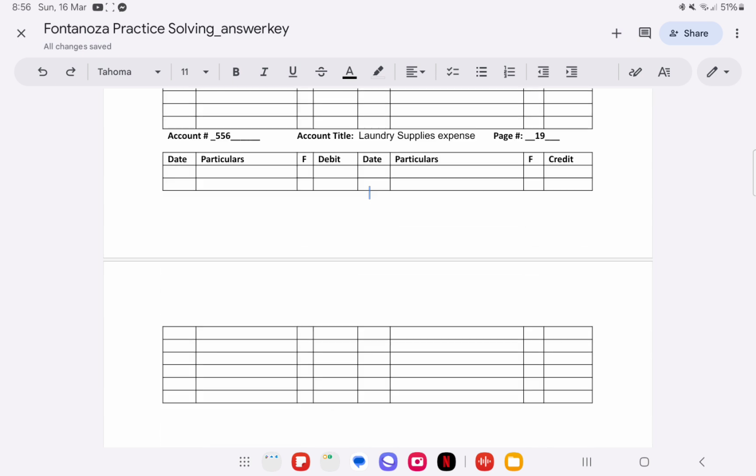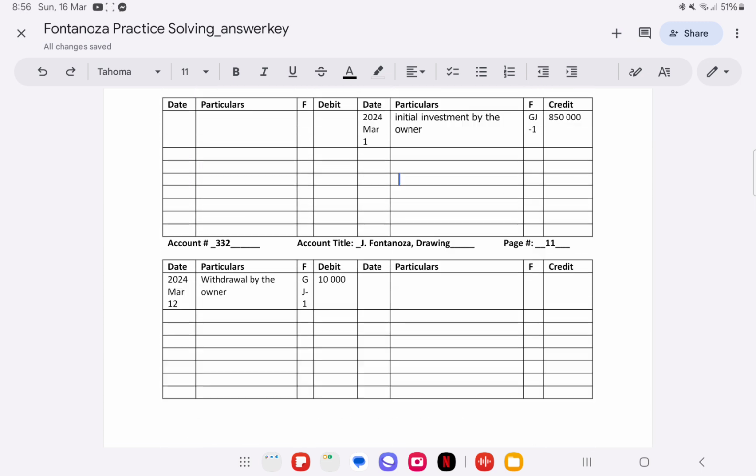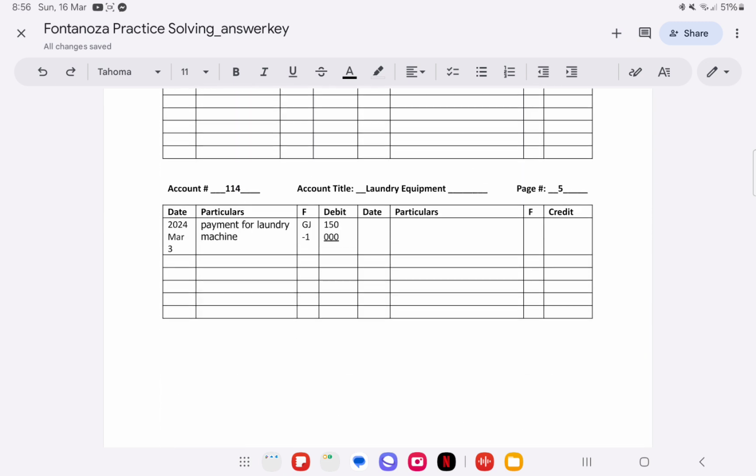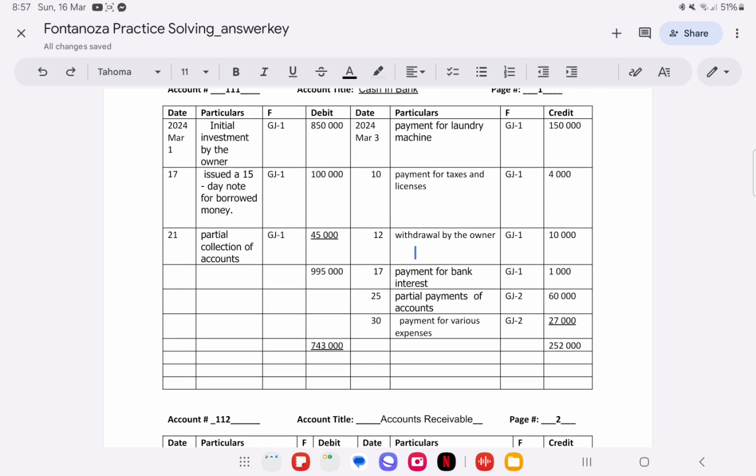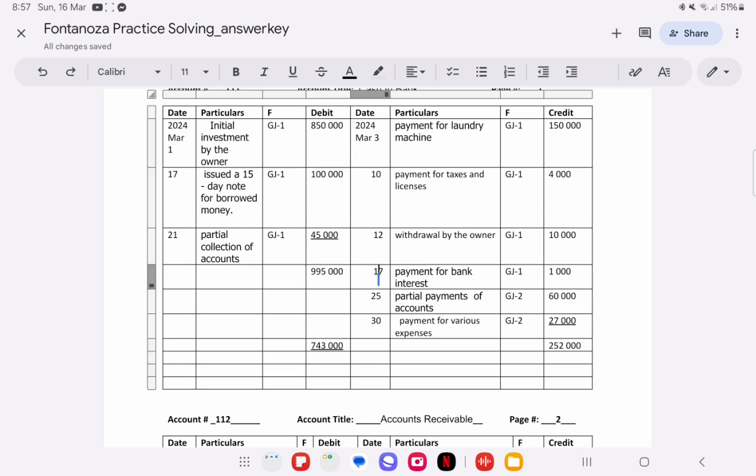Okay, and credit cash. So go to the cash in bank. Cash in bank is our accounting title used. So March 17, payment for bank interest JG1 1,000.